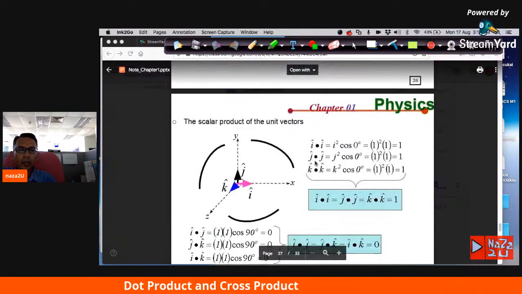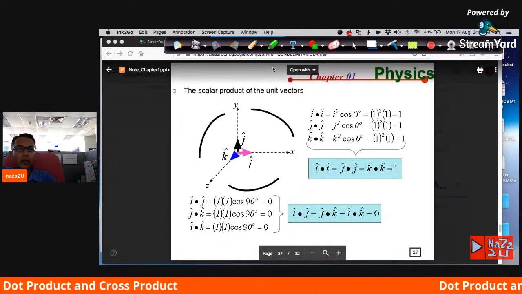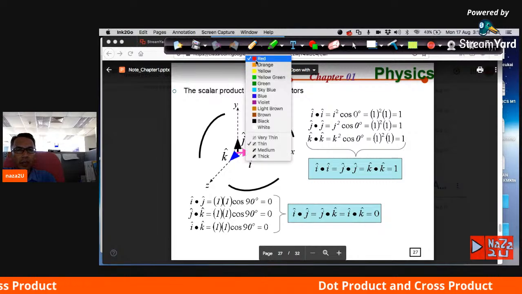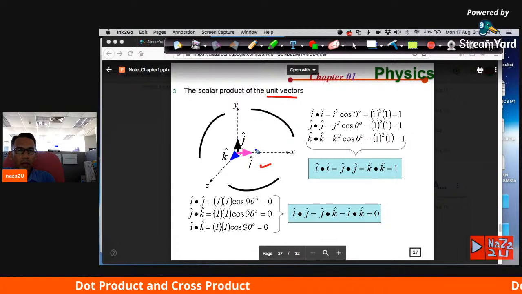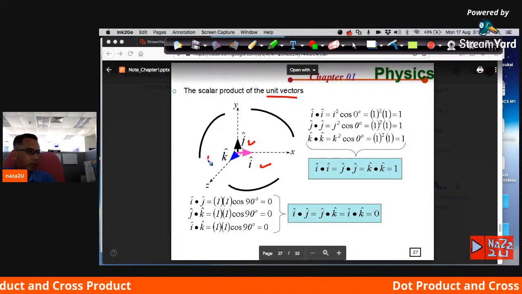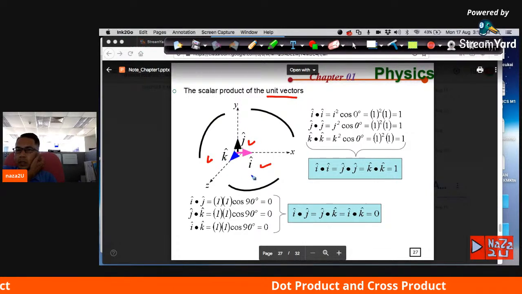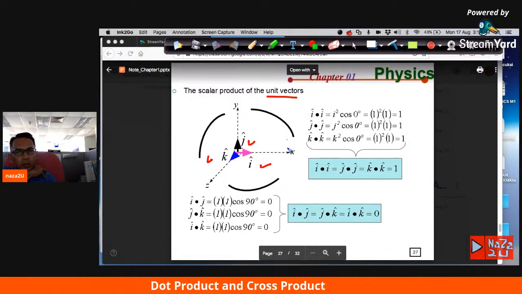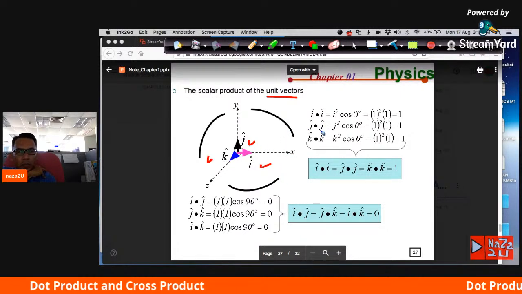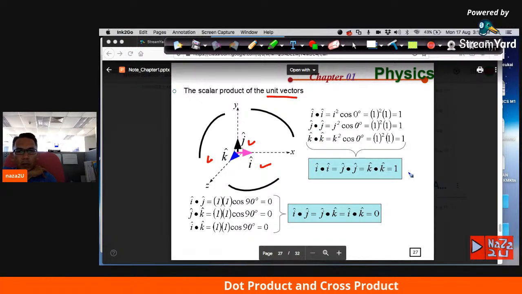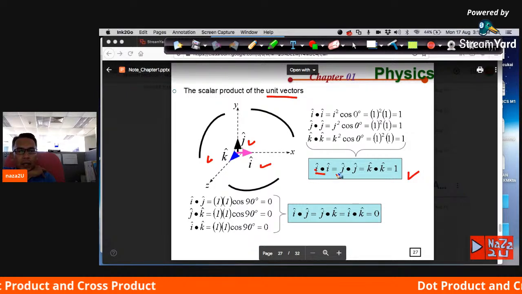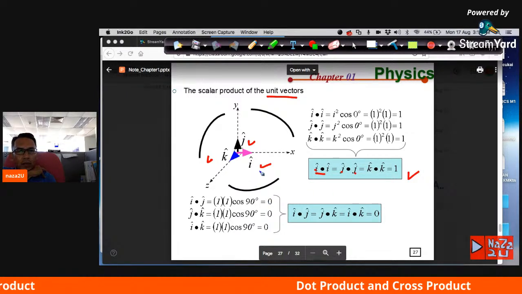Yeah, okay. So this is the scalar product of the unit vectors. We have seen the unit vectors earlier. So we have i, we have j, and we have k, right? So look at the equation here. This is important.